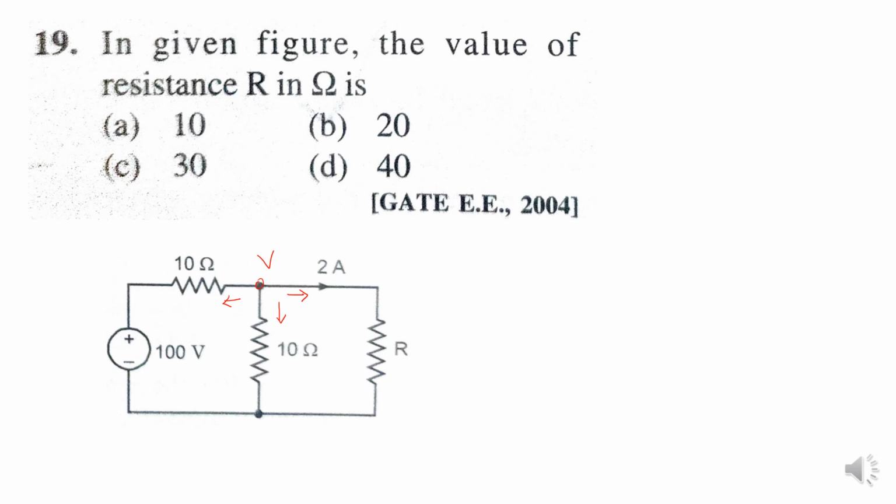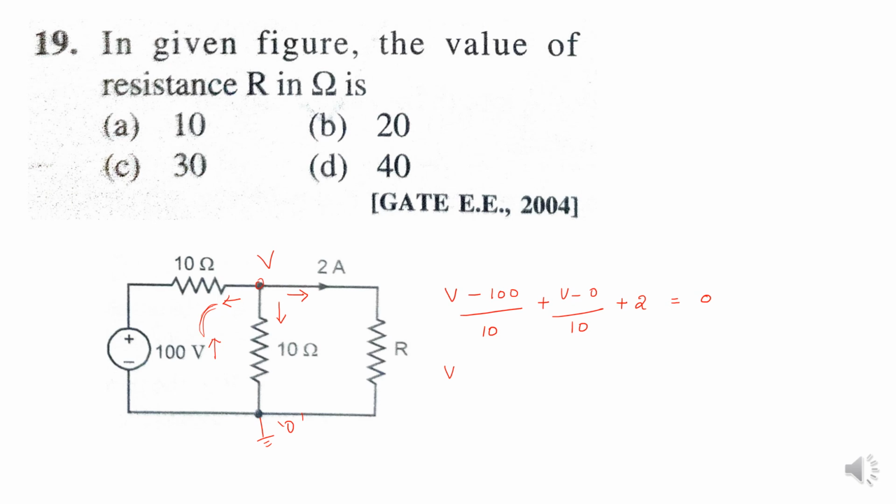See, here the current is flowing towards it, so both the currents are opposing each other. How to write the equation? V minus 100 divided by 10 plus V minus 0, here this is the ground potential, so V minus 0 by 10. You see both are in the same direction. The answer is plus 2 equal to 0.